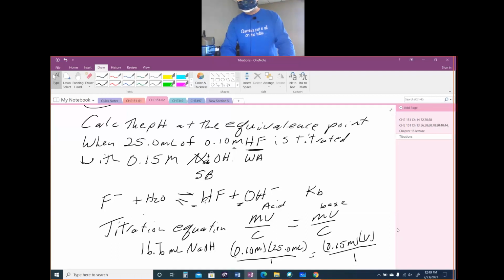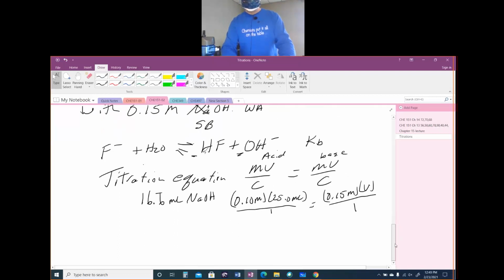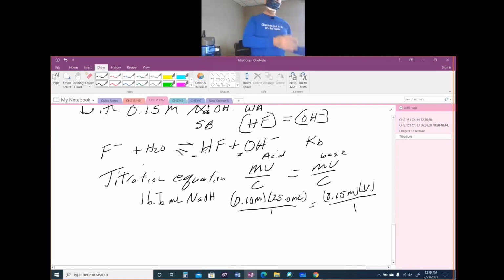And when it says the equivalence point, what that means is at the equivalence point, your HF concentration is going to be exactly the same as your OH minus concentration, and then both of them will go to 0. So now we need to know what is that concentration that they both have.